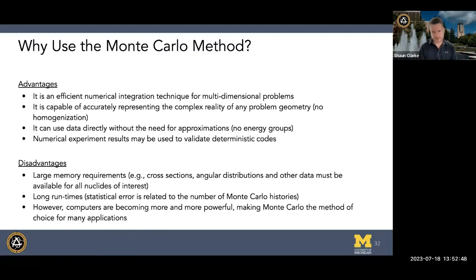On my MacBook, I can run millions of histories per minute for a typical problem. So it's becoming more and more reasonable to solve standard problems using laptops. Now, if you're trying to use Monte Carlo to solve a full nuclear reactor or something like that, then these challenges really do begin to show themselves because of the large data and geometry requirements for those types of applications.